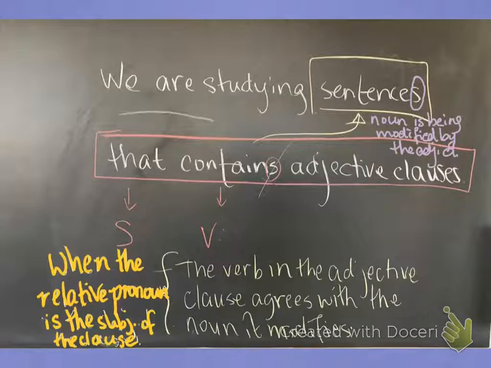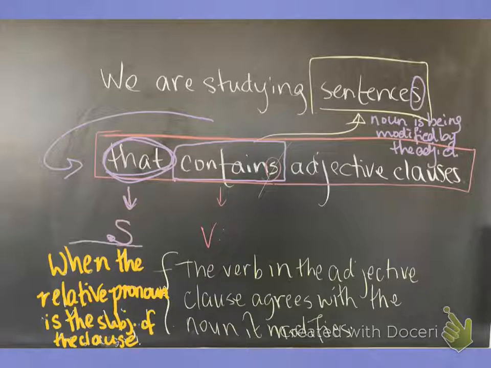The adjective clause is here. So you want to make sure that here we've got our subject. This is still the relative pronoun functioning as the subject in the sentence. And now what follows next is the verb.